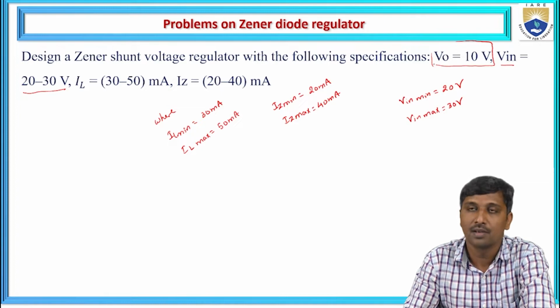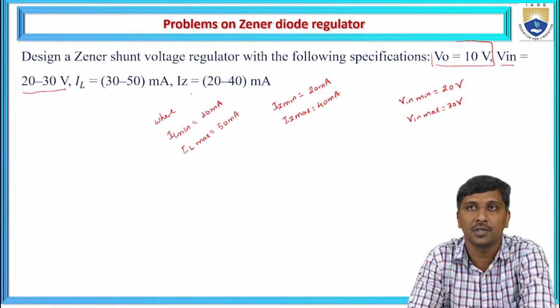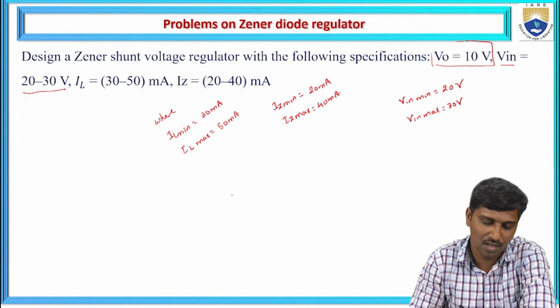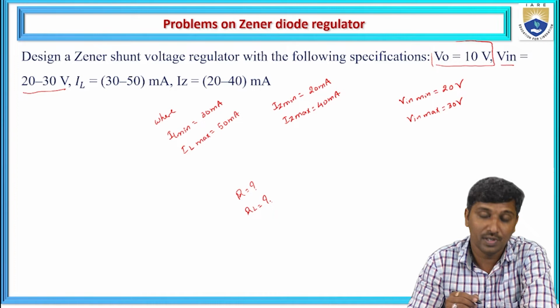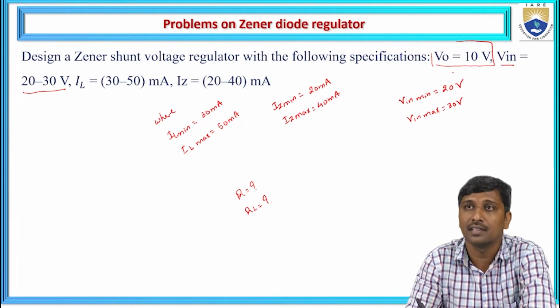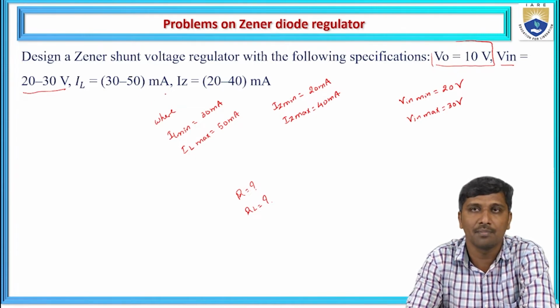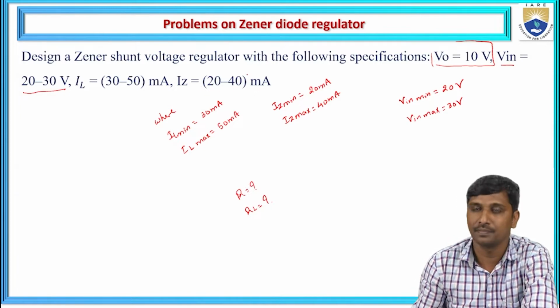Based on these specifications, we need to design a Zener shunt voltage regulator, which means we need to identify the series resistance as well as the load resistance, that is, how much series resistance and how much load resistance is required to produce an output voltage of 10 volts, a load current of 30 to 50 milliamperes and a Zener current of 20 to 40 milliamperes.